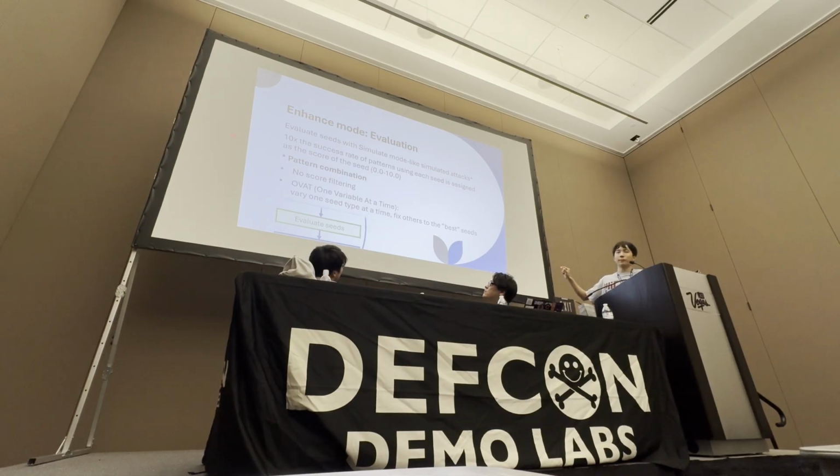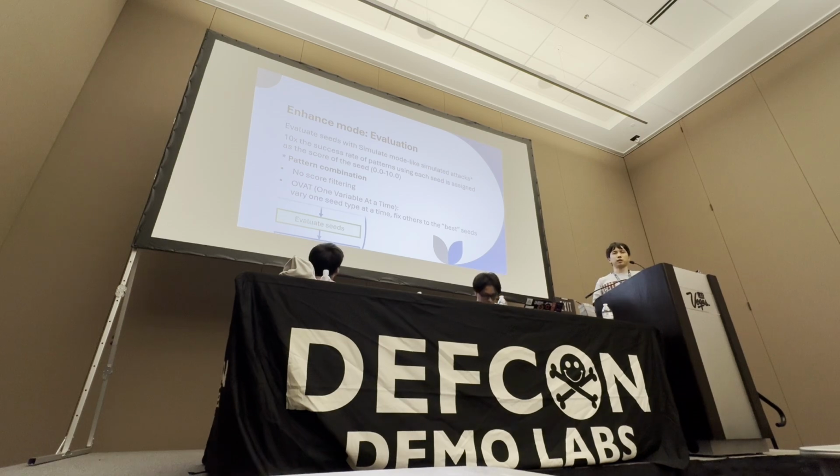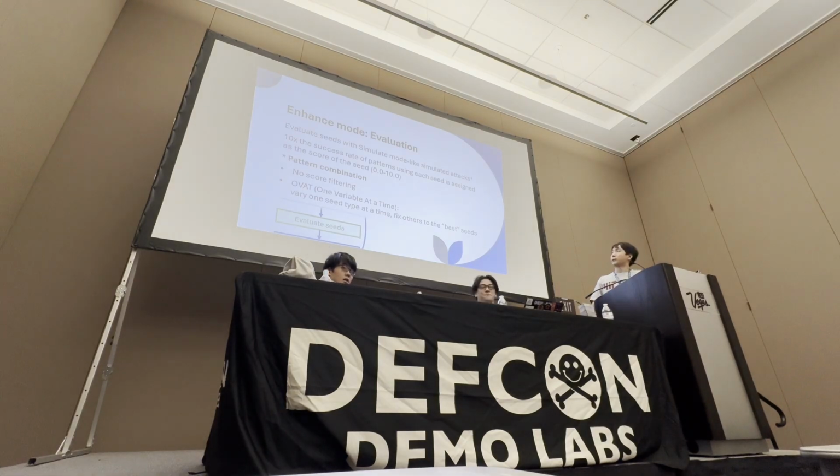But when you combine the patterns, that's a big challenge, right? Because there will be something like millions or even possibly billions of possible patterns. But you cannot filter them using the average score of the seeds used for the pattern, because it will make no sense when it comes to newly added seeds like the ones generated. So what we do instead is OVAT, one variable at a time. Anyone familiar with OVAT? No, not really? Okay.